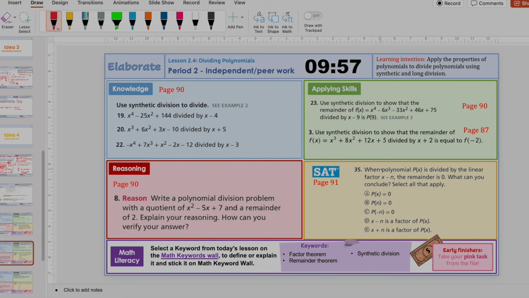For example, this is a nice question. When a polynomial is divided by a linear factor and the remainder is 0, what can you conclude? First of all, my a is positive n. So if the remainder is 0, then when I substitute by n, p of n is 0.